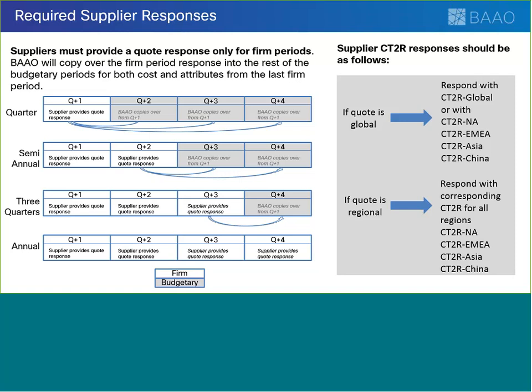So for a regional quote, it'll just simply be filling out all the regional sites. So in summary, for a global quote, CT2R is filled out just once at the global level, or if you have different lead times for different locations, all of the regional sites are filled out. For a regional quote, you'll just fill out the various regional sites.